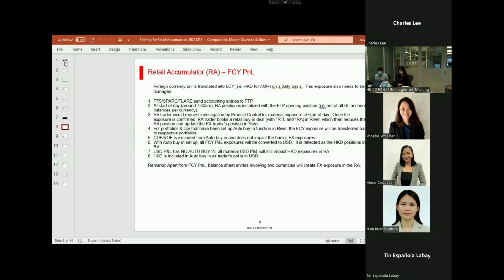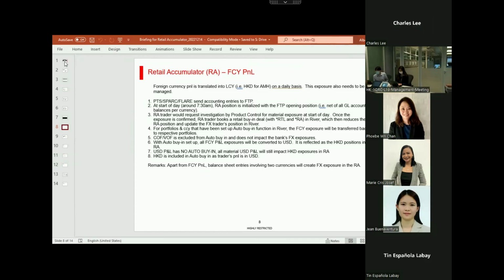River will use this file to update the FX exposure in the retail accumulator. Basically, what happens is it reverses the Friday FTP file and then reposts with the current date. These files contain all the balance sheet accounts. So all the account 1, 2, 3 accounts are included.